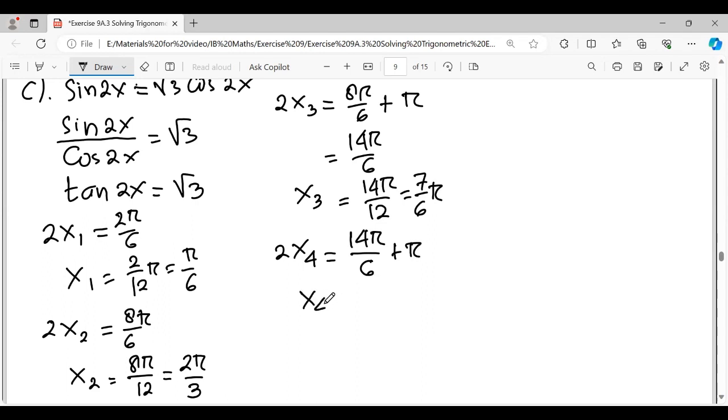So x4 is 20 pi over 6. So x4 equals 20 over 12 pi, divided by 2 or divided by 4, 5 third pi.